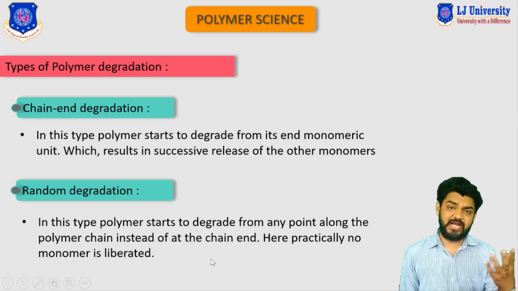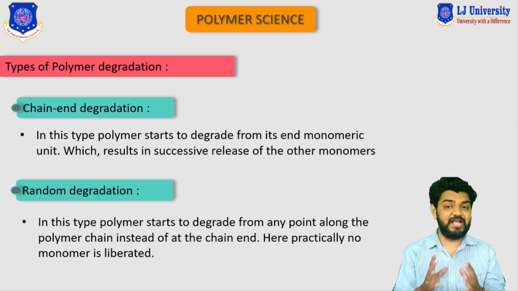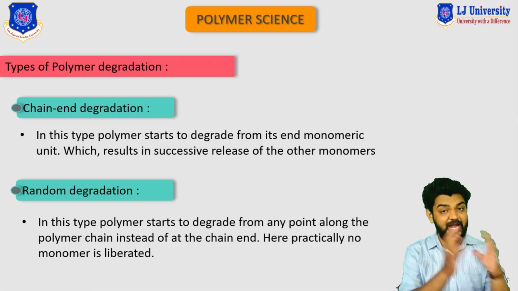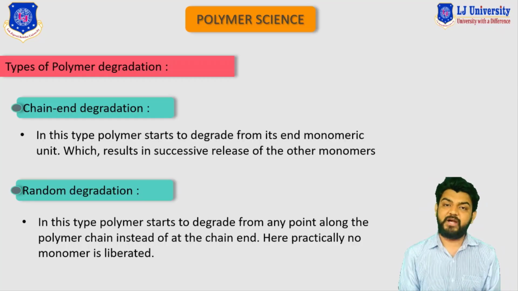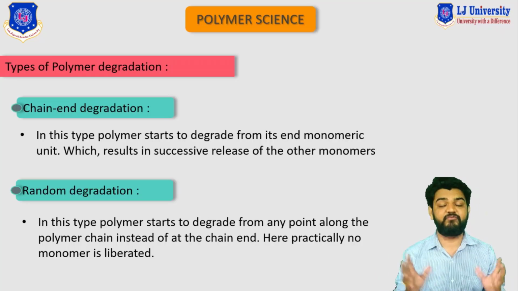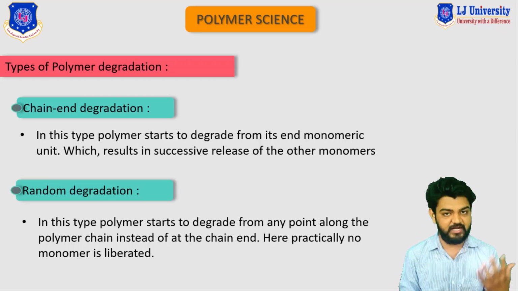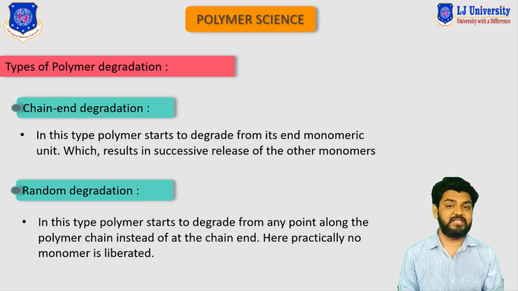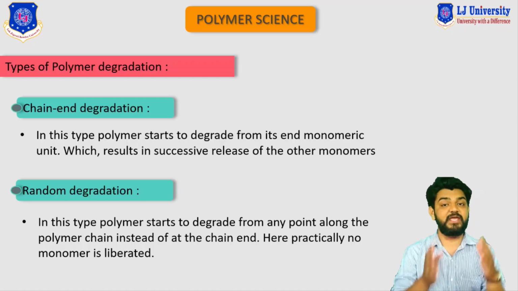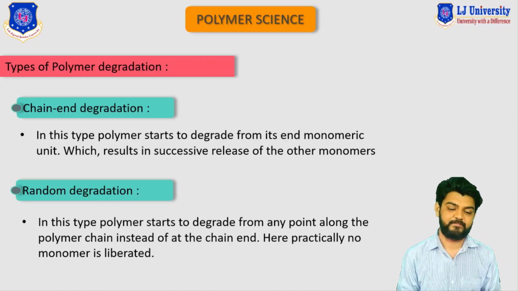In chain end degradation, polymer degradation takes place at the end point of the chain. But in random degradation, the polymer starts to degrade from anywhere in the long chain. There is no specific point where degradation takes place, while in the chain end degradation process, the polymer only degrades from the end point of the chain.